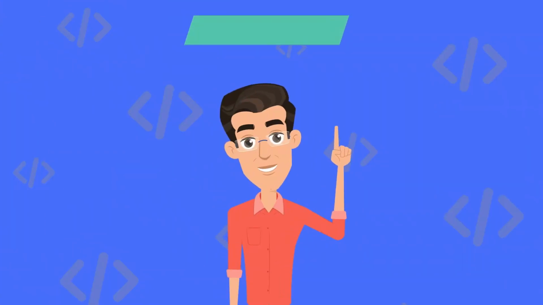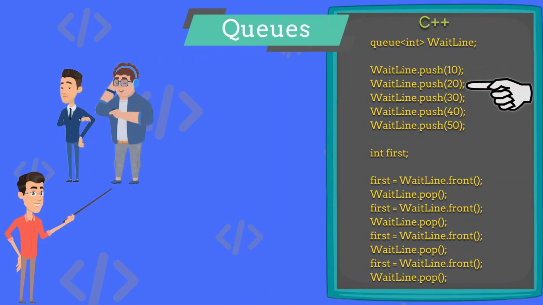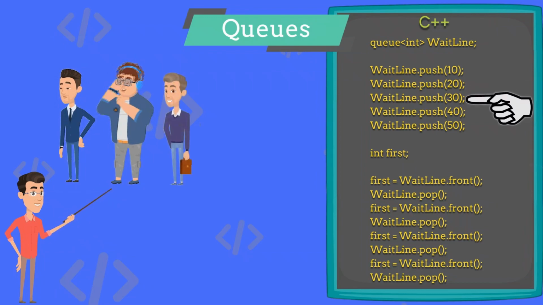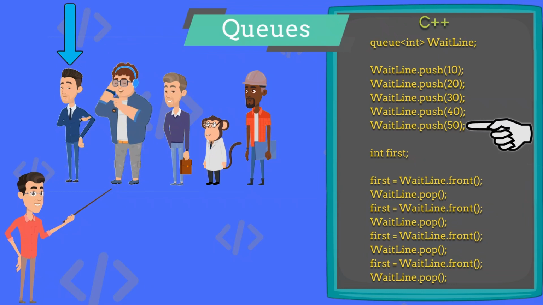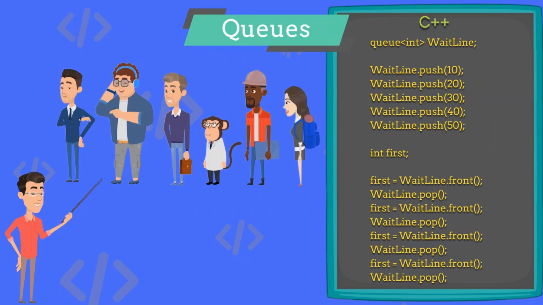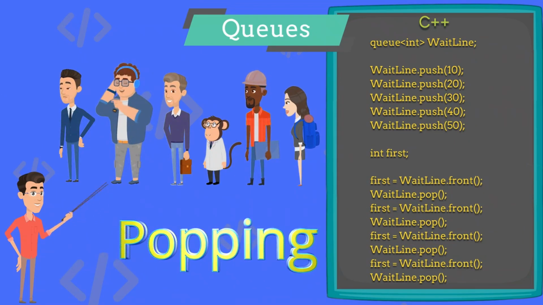Now the last collection we will cover is called queues. Queues are very similar to a waiting line in that when you retrieve an element in a standard situation, you will obtain the very first element in the queue. Even though queues are ordered, they are not in fact indexed. Getting an element from a queue is referred to as popping.